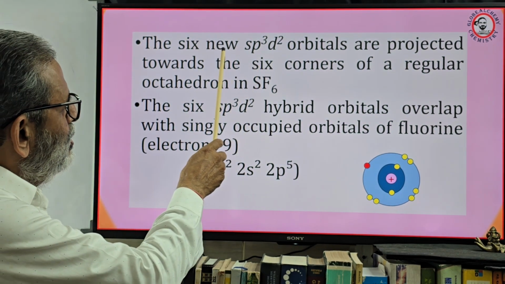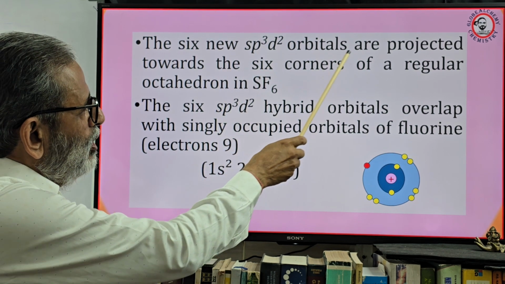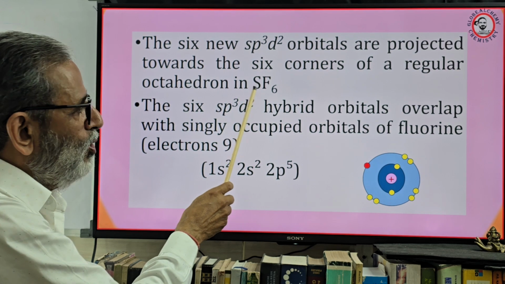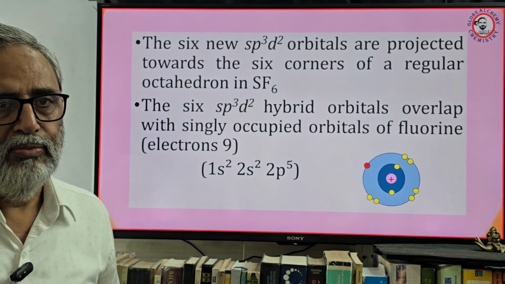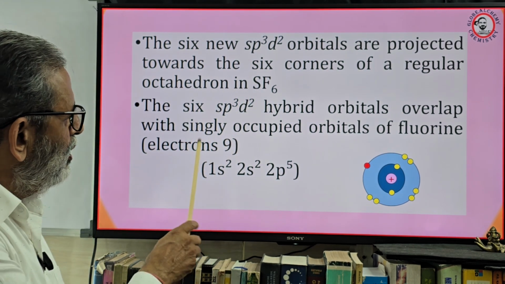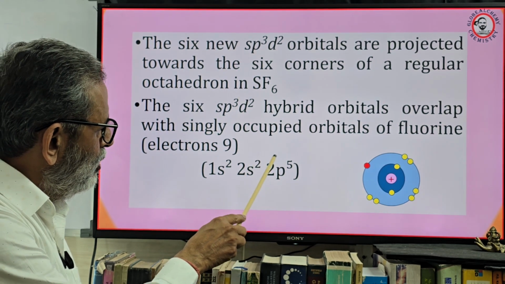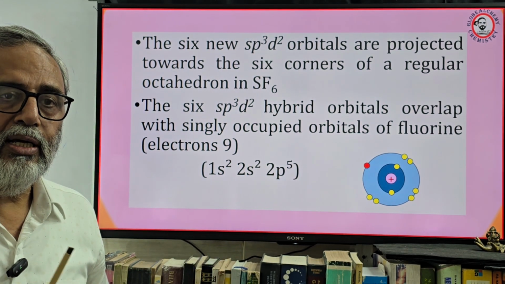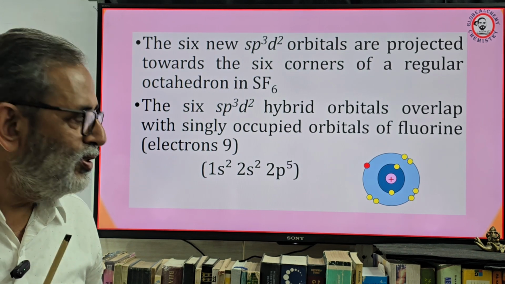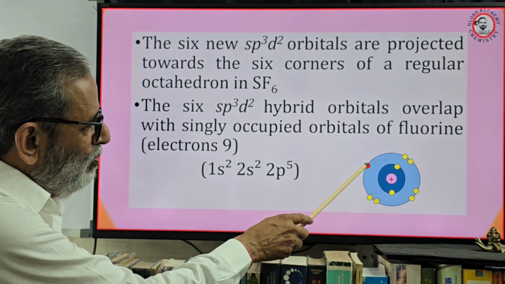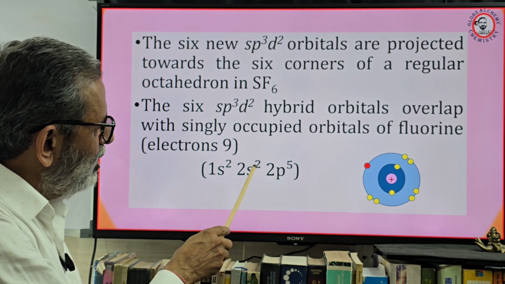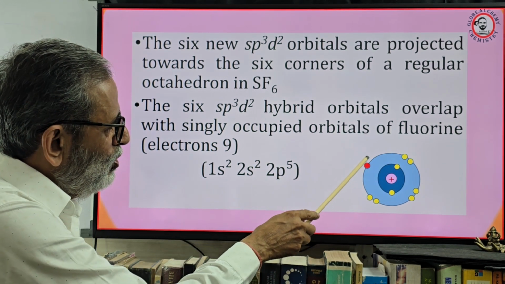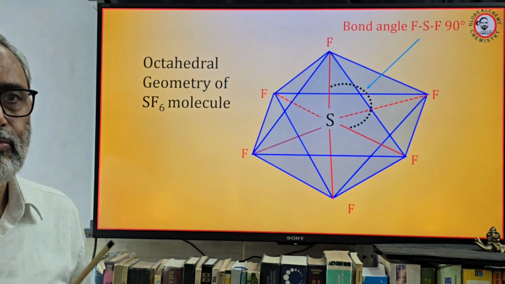Now we have 6 sp3d2 hybrid orbitals, they combine with the fluorine, and these 6 new sp3d2 orbitals are projected towards the 6 corners of a regular octahedron in SF6. They overlap with the p orbital of the fluorine that has 1 electron in the pz. You can see here, this is the 1 electron, and in the last valence shell 7 electrons, 1, 2, 3, 4, 5, 6. So this is the unpaired electron.